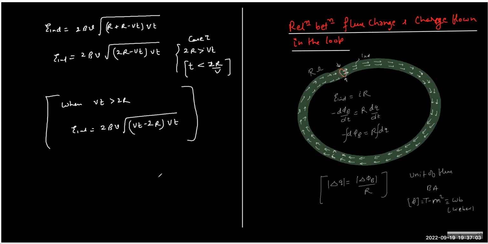So to find the dimension, you can use the Faraday law, which is the easiest way to get the dimension. So let me just do this part. Dimension of flux. So E induced equals d phi by dt. And the dimension of any voltage is work upon charge.